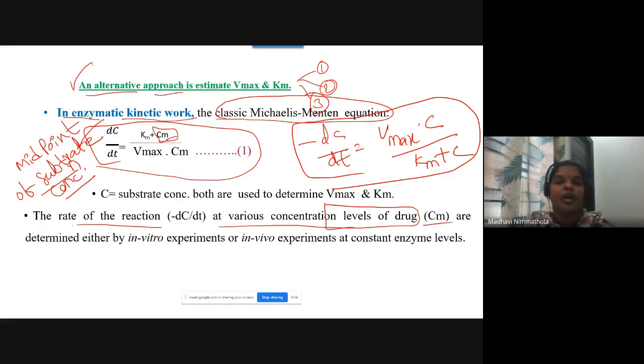So in these alternative approaches, in every one of these three methods you can utilize only the midpoint concentration levels. You cannot take the concentration level directly. You should take the midpoint concentration levels. Then we can estimate in vitro or in vivo experiments at constant enzyme levels.